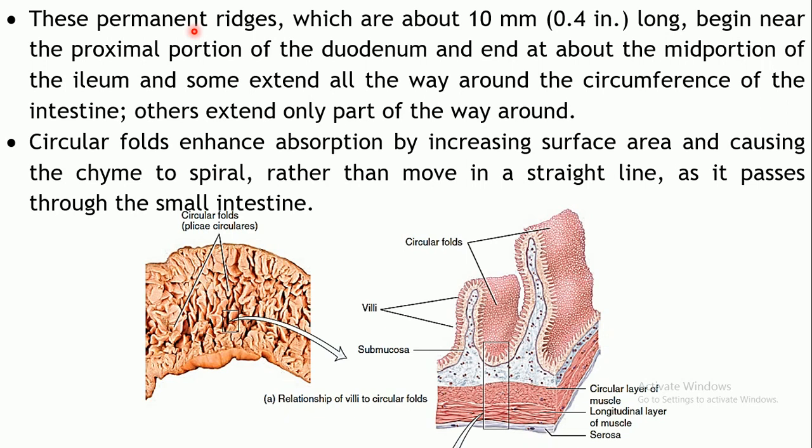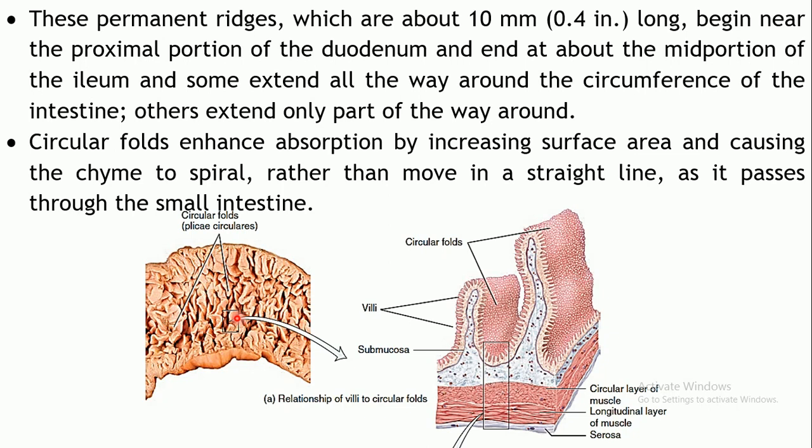That is not the case over here. These are permanent ridges which may be about 10 mm in length. Sometimes they may extend partly, or sometimes the entire circumference may be occupied by a single circular fold, or they may even occupy just part of it.